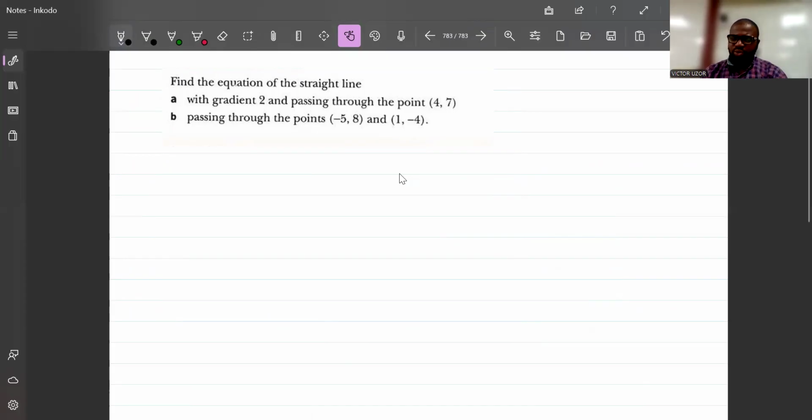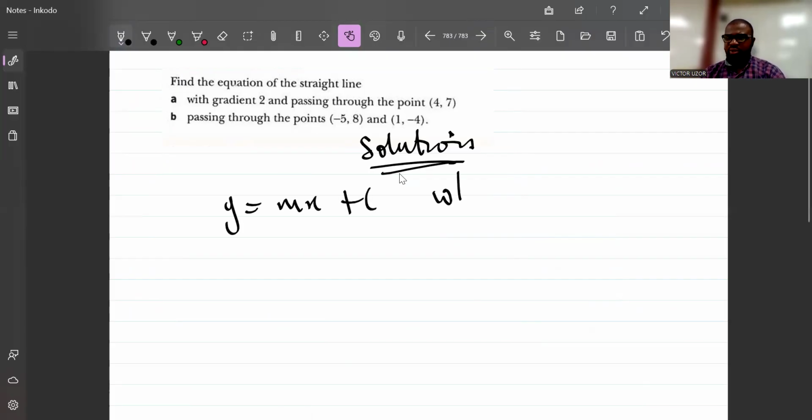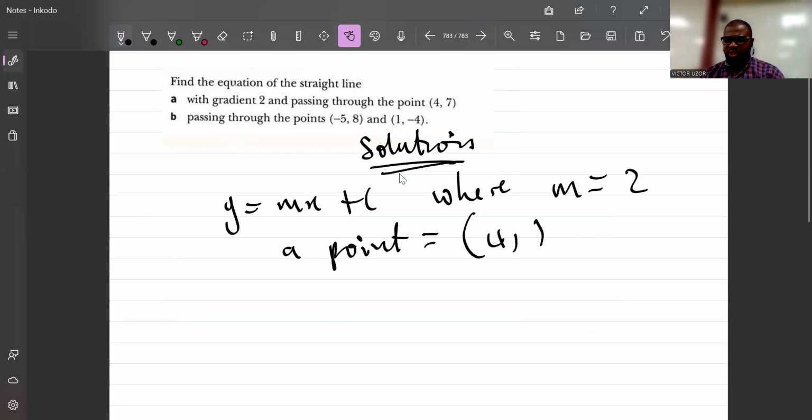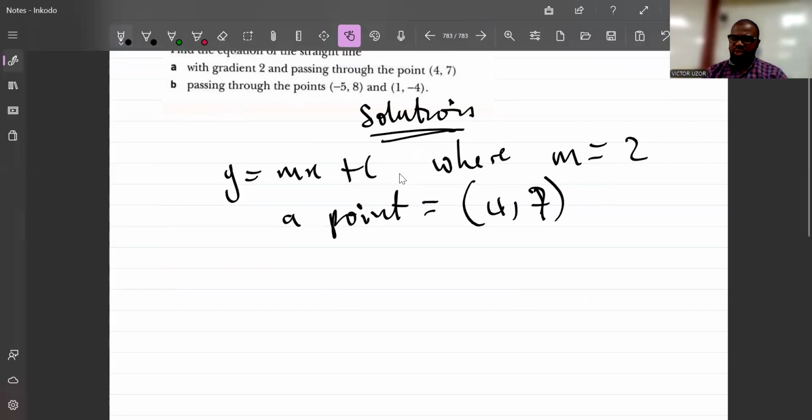So if I want to do number one, it will be y is equal to mx plus c, where m is 2, and a point is given, which is (4, 7). So I'm going to use two of the formulas to solve it.